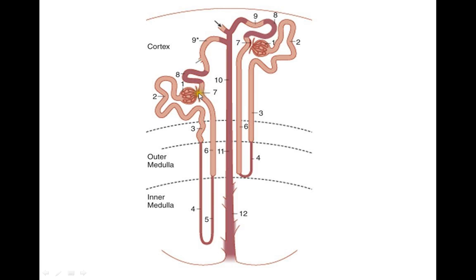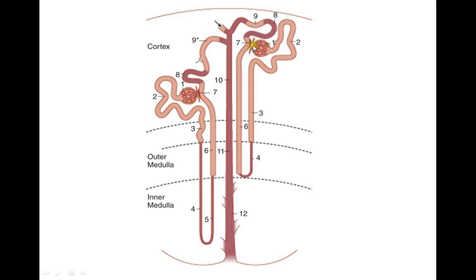Here, as you see, this part of the tubule comes very near to the glomerulus, and it is located between two branches of vessels.